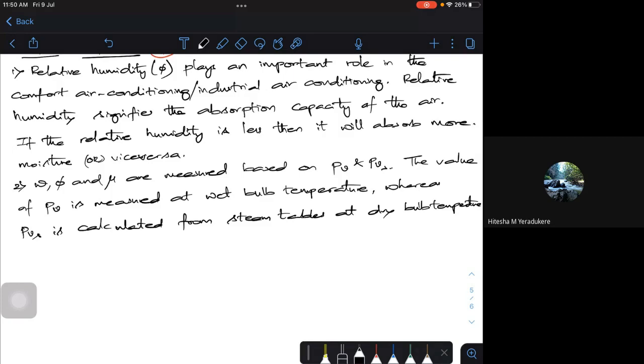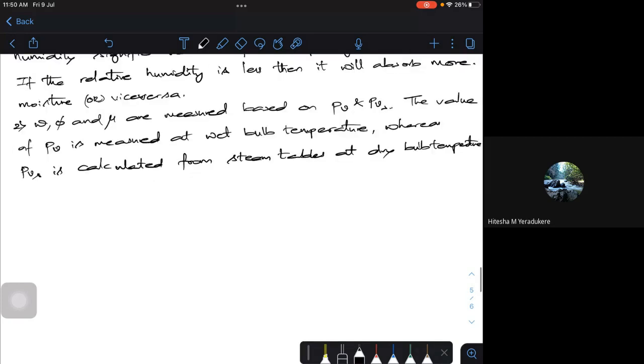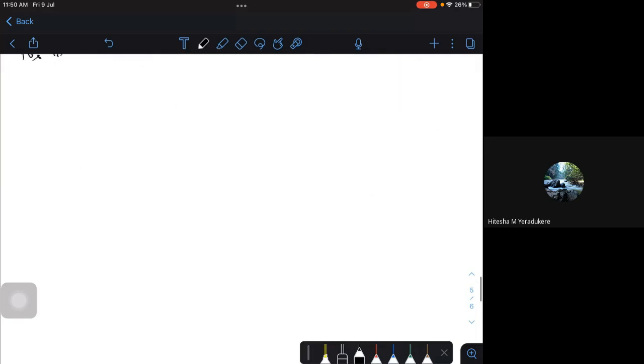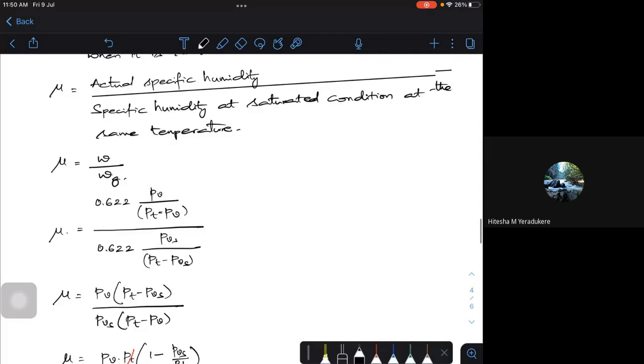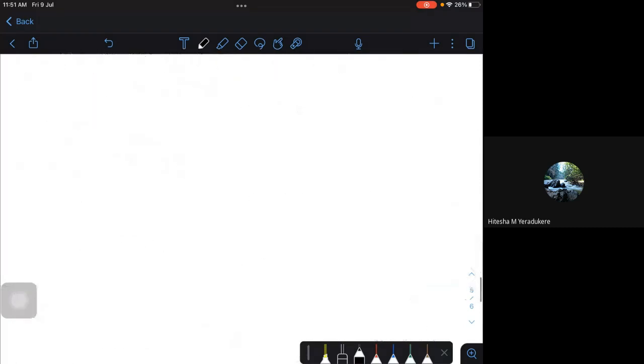Okay, simply if I try to tell the enthalpy of moisture, let me define that. This is your 10th one. Enthalpy of moist air. What is it actually?